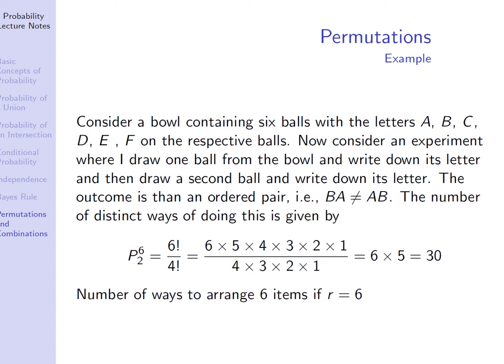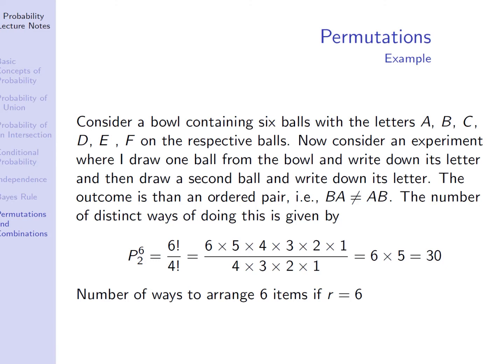So for example, if you consider a bowl that contains 6 balls with the letters A, B, C, D, E, and F, then permutations and combinations allows you to say if you are picking 2 balls from that set of 6 balls, how many different arrangements do you have?